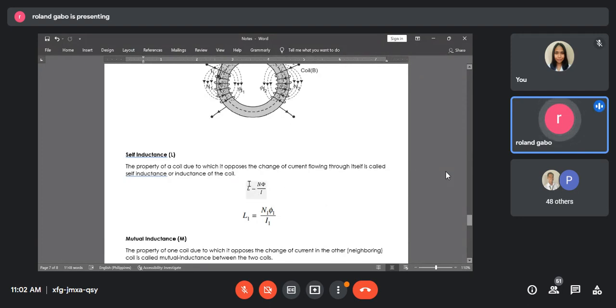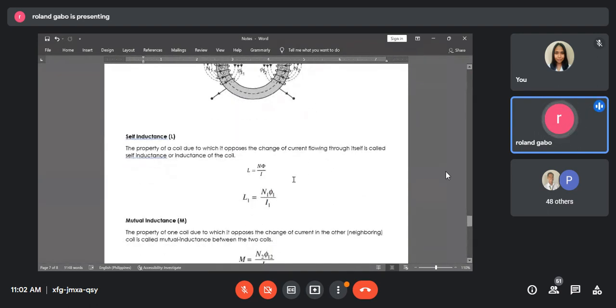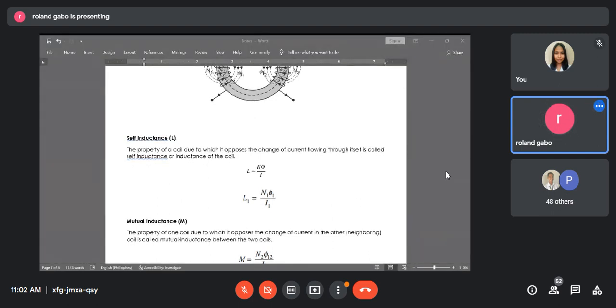So the formula is L is your self-inductance. The unit of course is in Henry. Then is equals to the number of turns times the flux divided by the current flowing through the magnetic circuit.